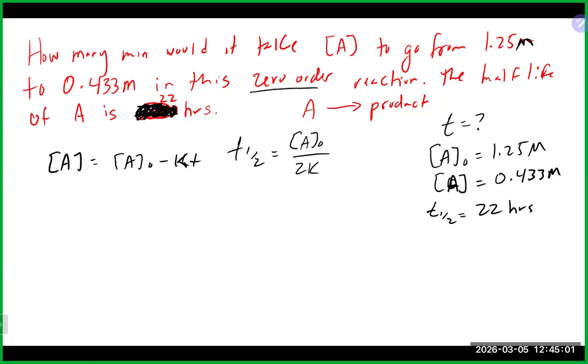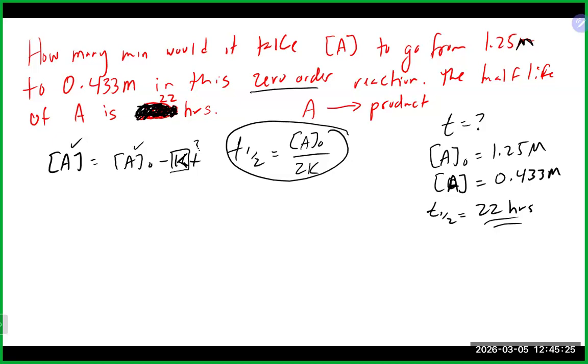So if we take a look at our integrated rate law, we are looking for time here. We do have that. We do have that. We are once again missing the rate constant. But we are given the half-life, so we can use our half-life equation to get to the rate constant so that we can solve for it.